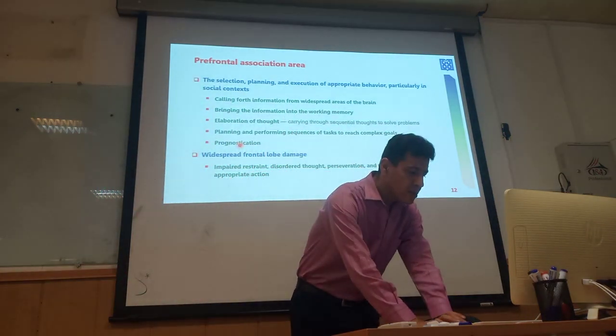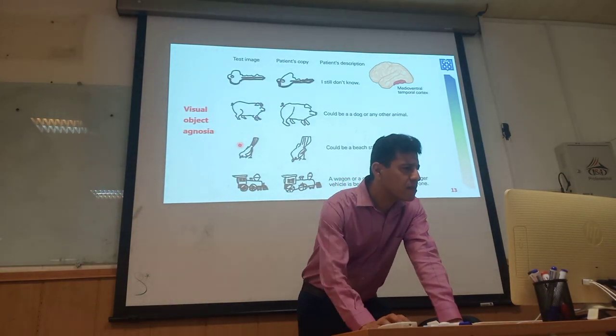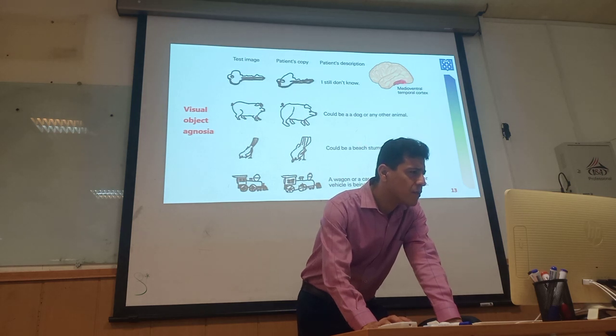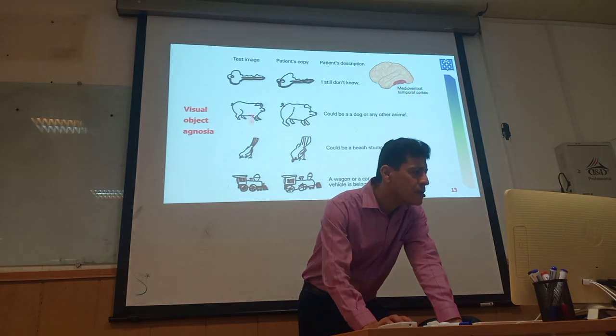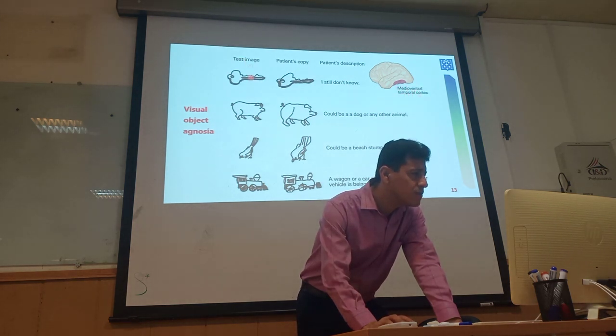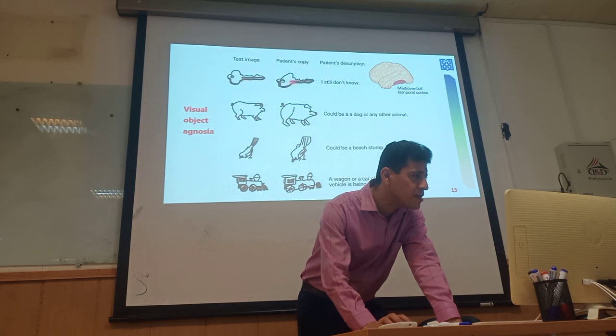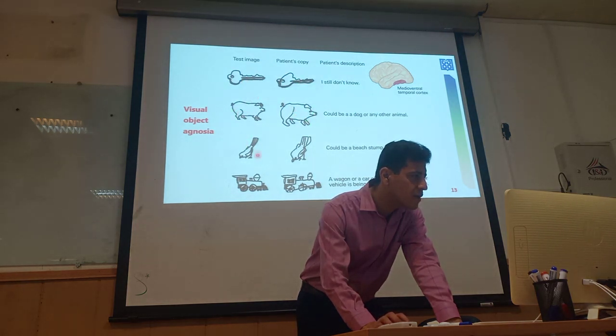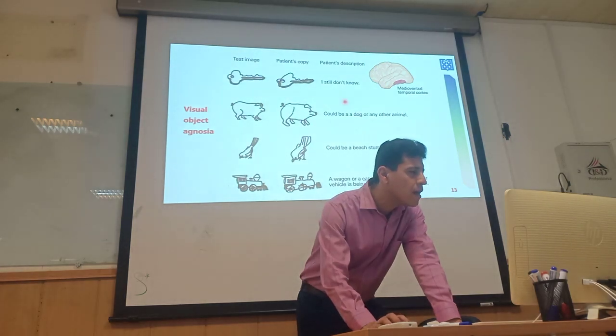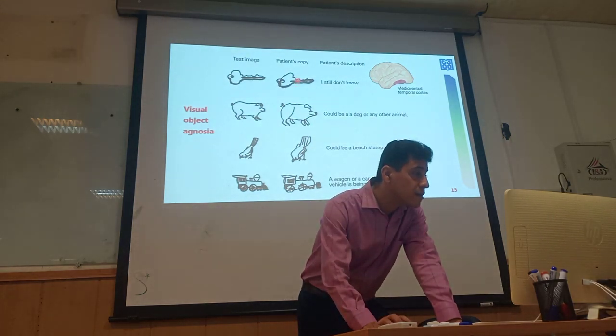Right? So, another area is in the temporal cortex for the naming of objects. It's located in the medioventral temporal cortex. So you can ask the patient to draw these copies. I mean, this sample image, so this is the patient's copy. The patient copied this one, and this one, and this one. But if you ask the person about the name of this object, they don't know the name.